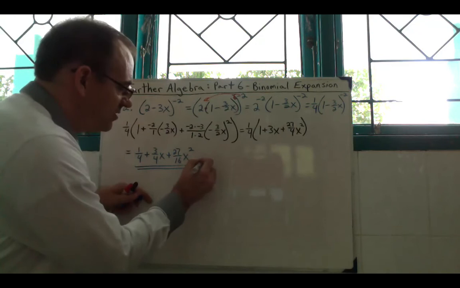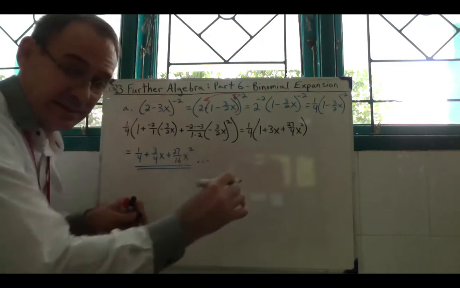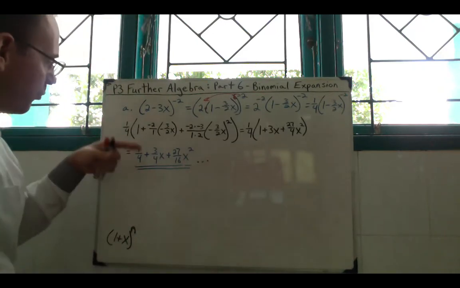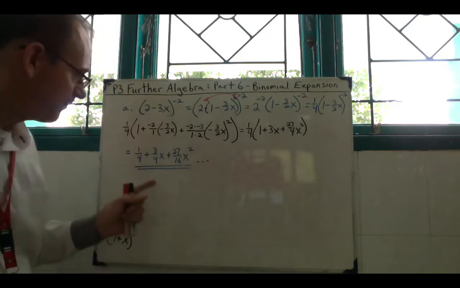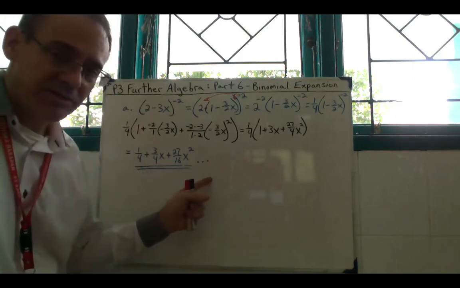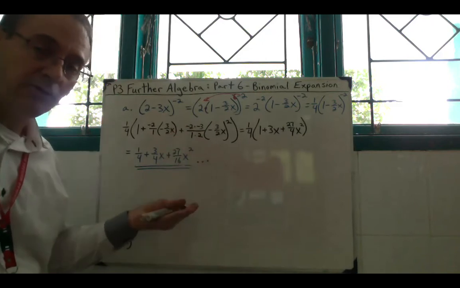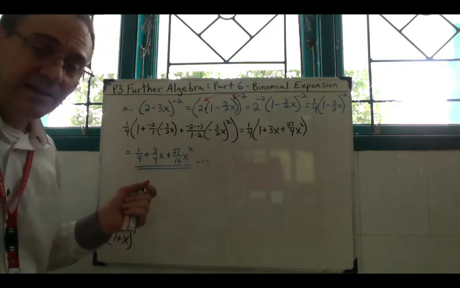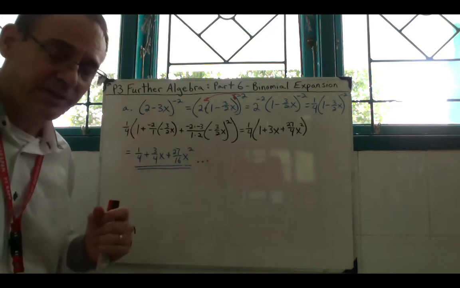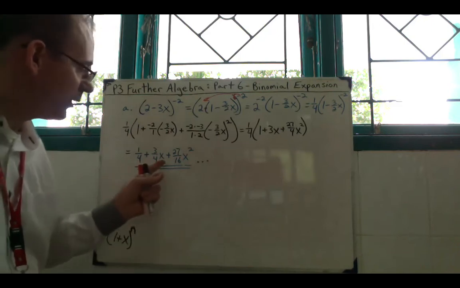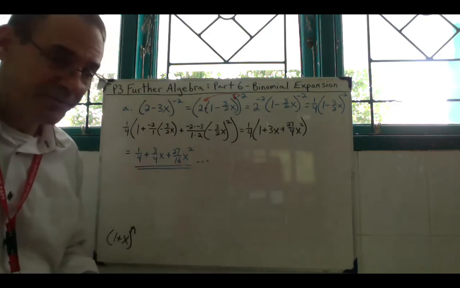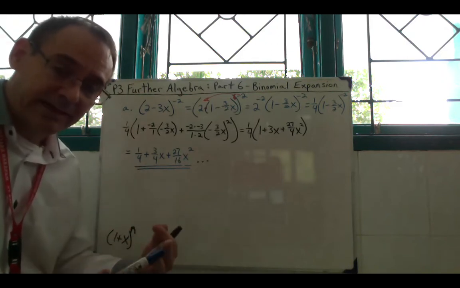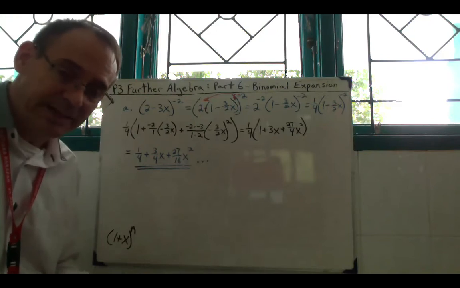Remember, this does continue on indefinitely. There are other terms. So if you're wanting to approximate this value, obviously the more terms you use, the closer the approximation will be to the actual. But you'd be surprised that you can still get within 3 significant figures of accuracy with relatively few terms if you follow that guideline of the absolute value of x being less than 1.